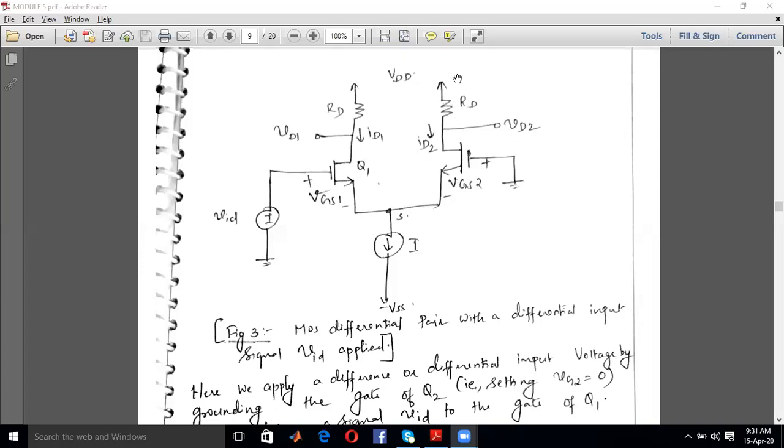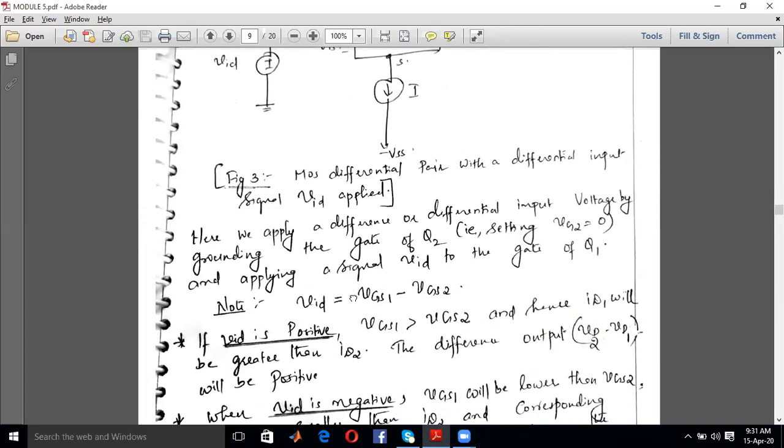So VD1 will be less, because you are subtracting a large value from the fixed value. But here you are subtracting a small value from this fixed voltage, which means your output will be large. Subtracting a large value from VDD means your output will be low. So my conclusion is VD1 will be less than VD2 in this particular case.